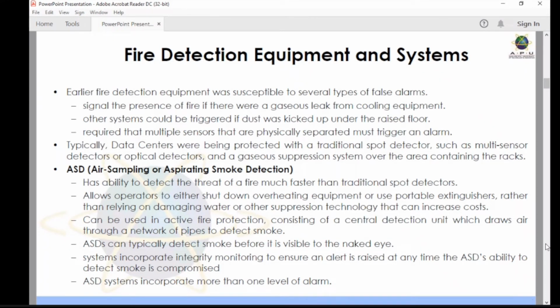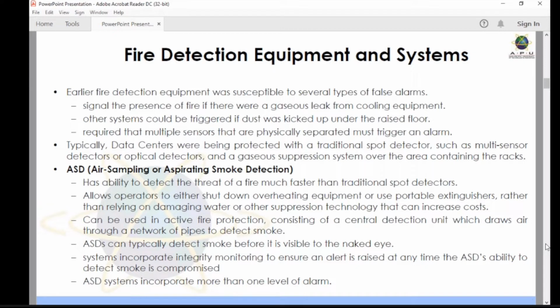Early fire detection equipment was susceptible to several types of faults all around. And पहिला पुरानो ट्रेडिसनल टाइप अफ फायर डिटेक्सन सिस्टमहरूले चाहिँ त्यतिकै फायर अलार्म चाहिँ एक्टिभेट गरिदिने खालको हुन्थ्यो. ओके, signal the presence of fire if there is a gaseous leak from cooling equipment. अब कुलिङ इक्विपमेन्टहरूको ग्यास लिक भयो भने पनि फायर अलार्म ट्रिगर गर्ने.